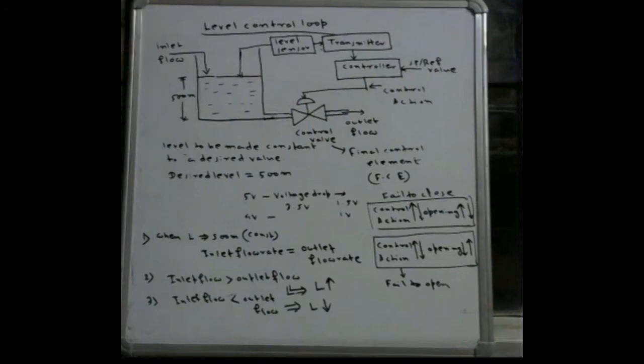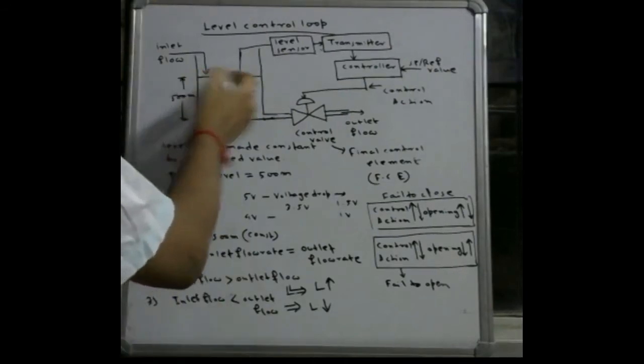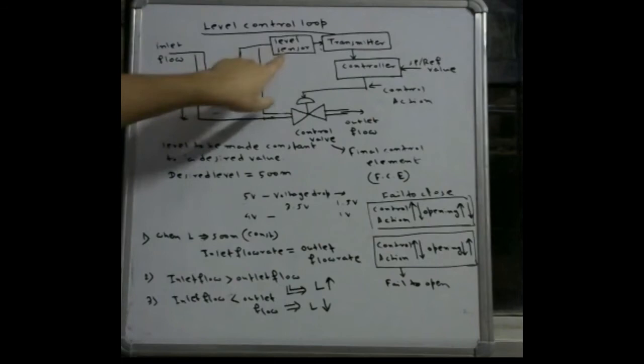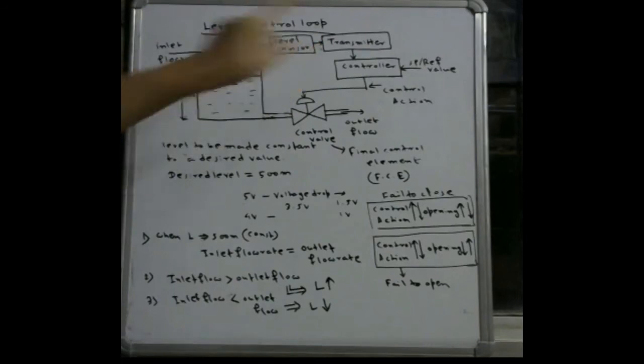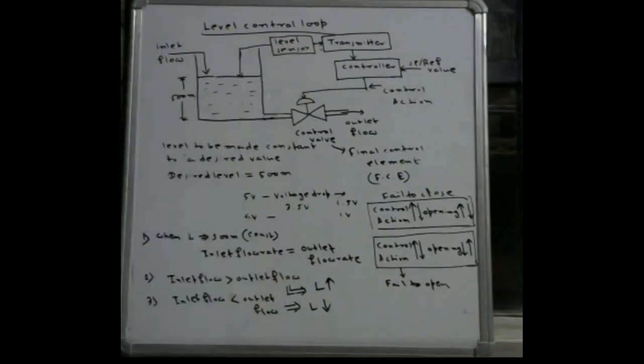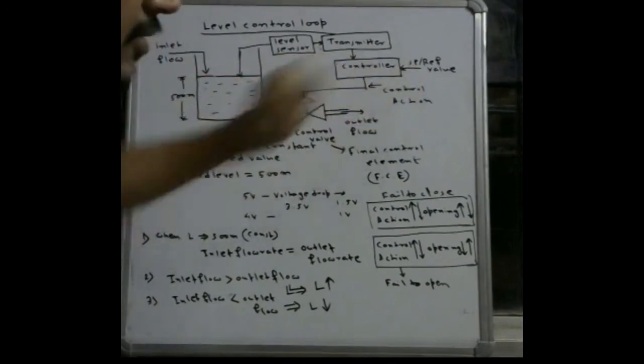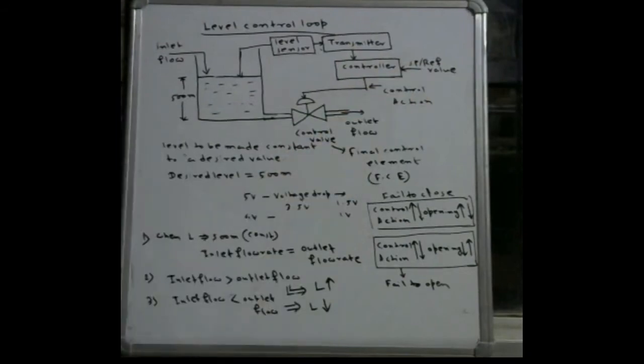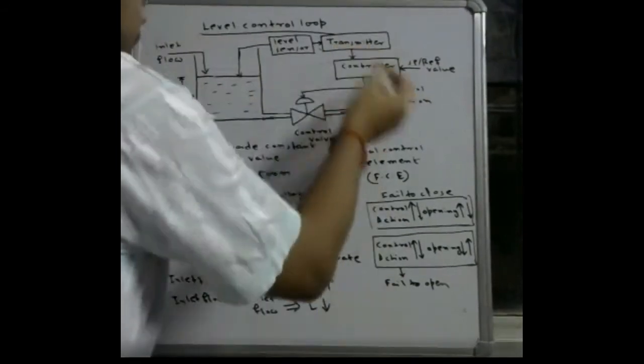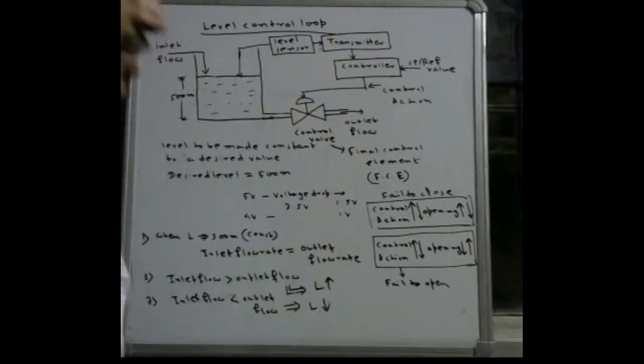Okay. And as this one is increased, the level sensor will give a larger value compared to the previous one, and this value will be compared to the set point value. So obviously this value will be larger. Then the controller will take the decision.